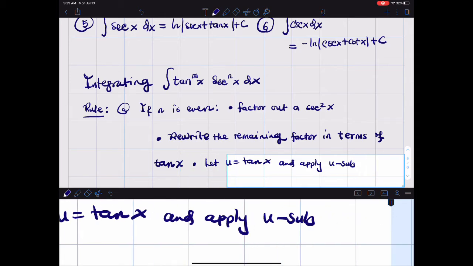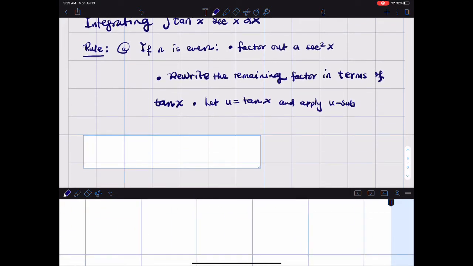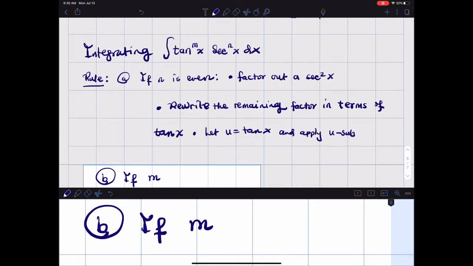All right, okay. Now, how about a situation where m is odd?